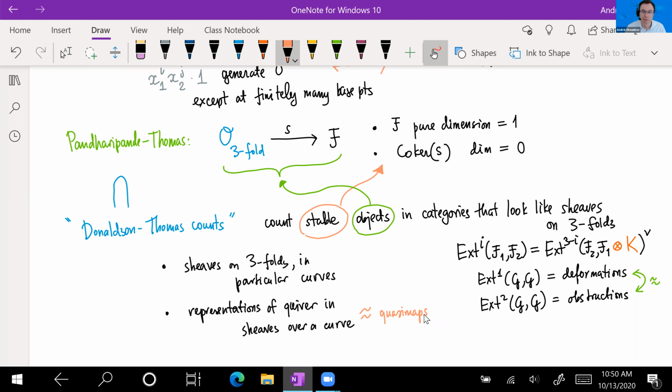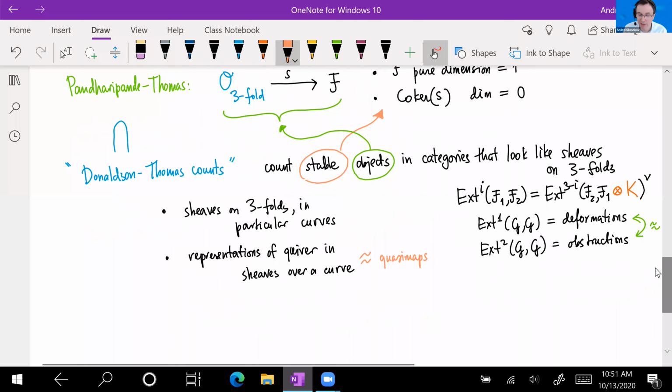So maybe I'll rearrange my material here. Right. And so then maybe the first really enumerative appearance of that data is in these MNOP papers.